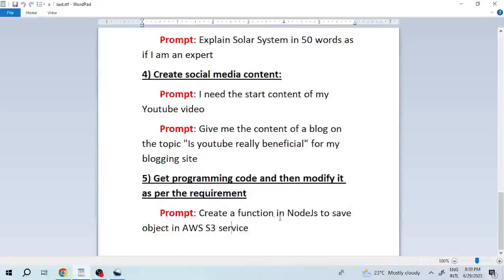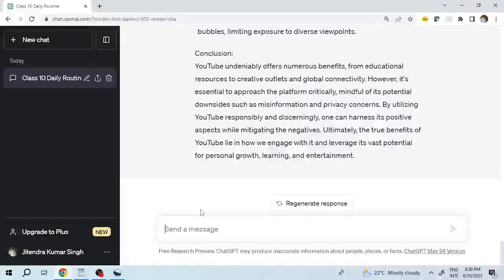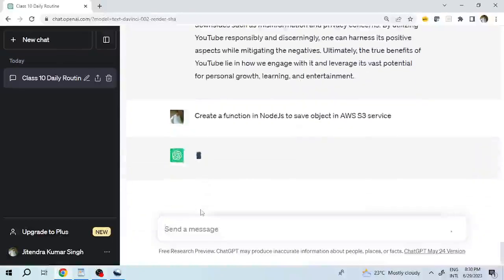So for example, here in Node.js I want to save some object into the AWS S3 service. So for this I want to get code from ChatGPT. So I have created this prompt, and now I'm going to put this prompt into ChatGPT, and let's see whether ChatGPT is providing me the code or not. Let's see.